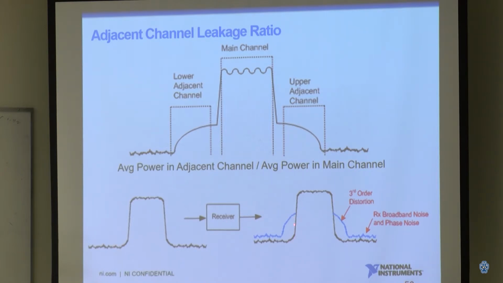It could have some harmonics or distortion. So the final result you measure on your display is probably like a blue trace. And this blue trace is causing this really big shoulder, which is a third-order distortion. And the noise floor could go up as well, because any receiver or instrument has noise by itself, so it can mess up your original signal. So this is why the noise floor is going up.